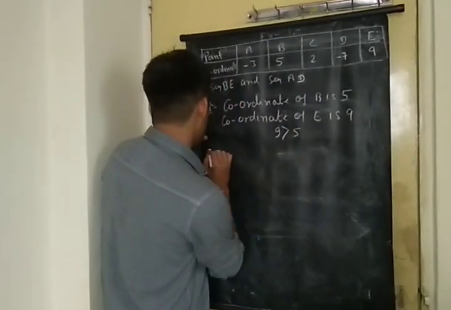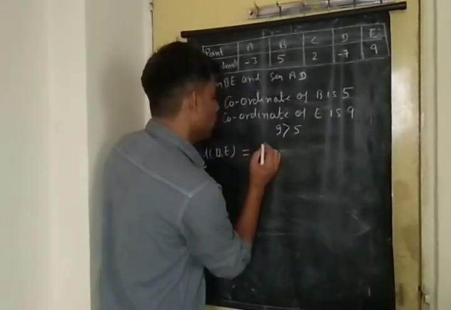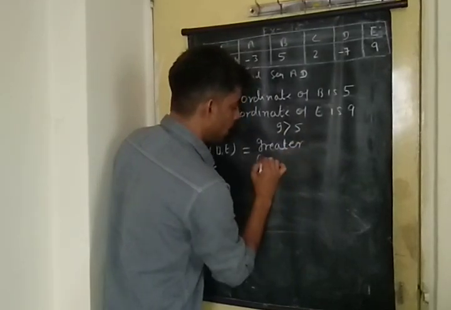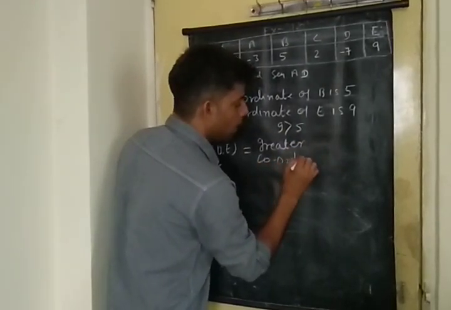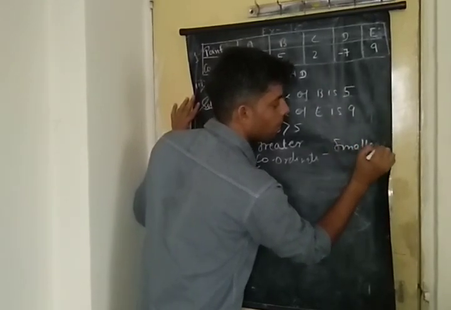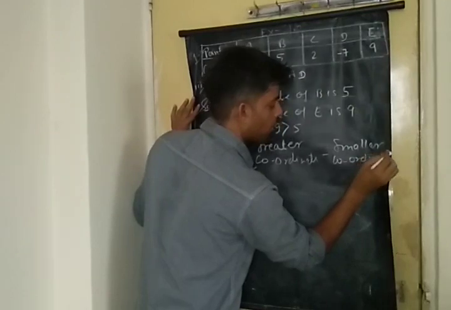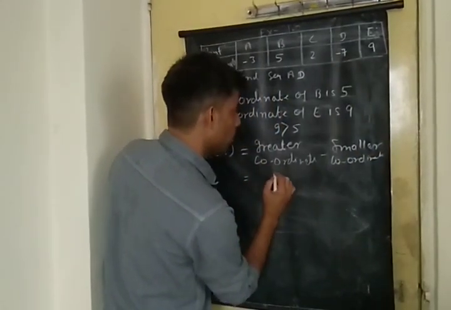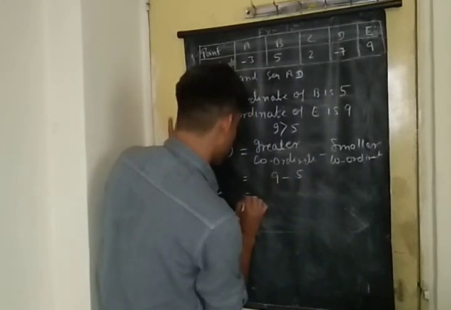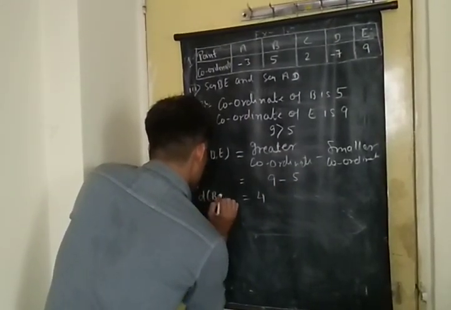So now we can find the distance between B and E using the formula greater coordinate minus smaller coordinate. So this will be 9 minus 5. So 4 is the distance of BE.